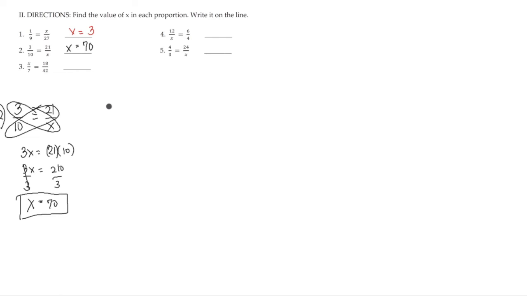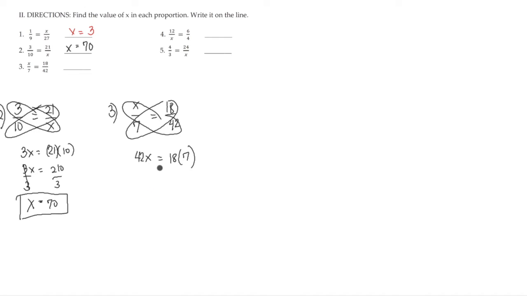Next, let's have number 3. So in number 3, we have x over 7 equals 18 over 42. Again, we're going to perform the cross multiplication. So we have 42x equals 18 times 7.